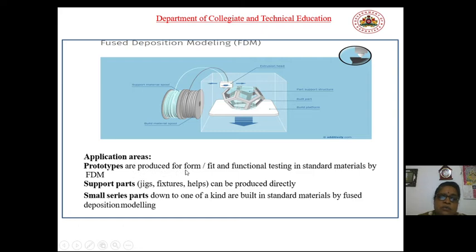Prototypes are produced for form, fit and functional testing in standard materials by FDM, and support parts like jigs, fixtures, etc. can be produced directly by this method. Small series parts, down to one of a kind, are built in standard materials by fused deposition modeling.